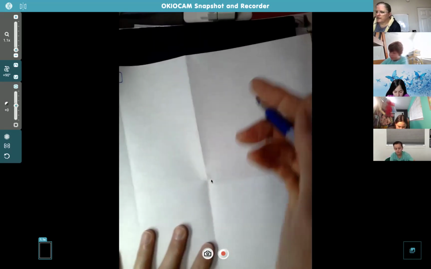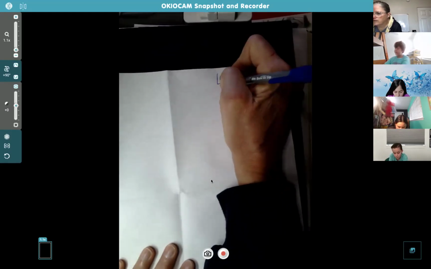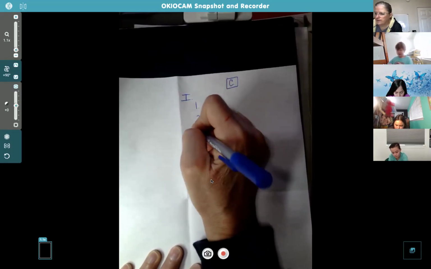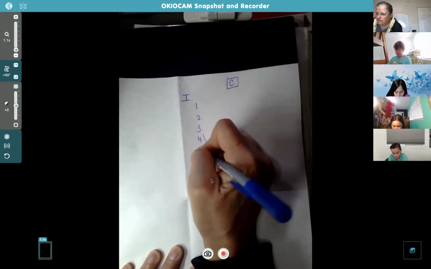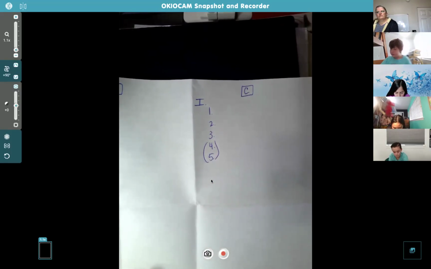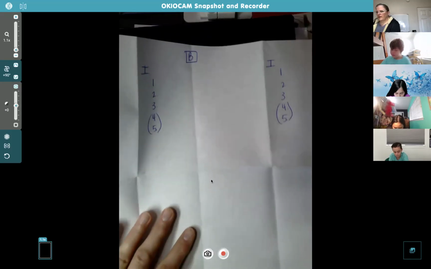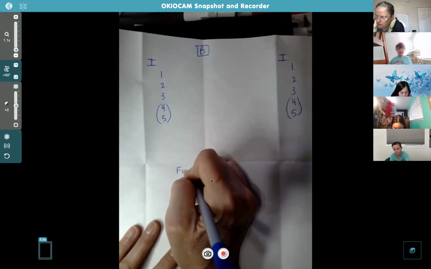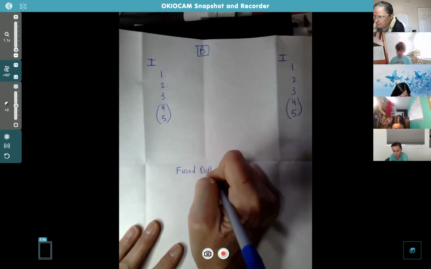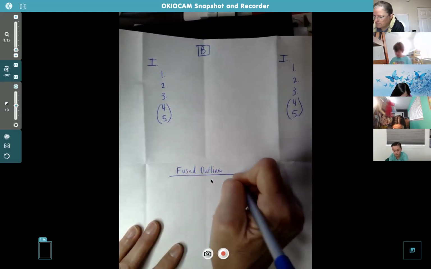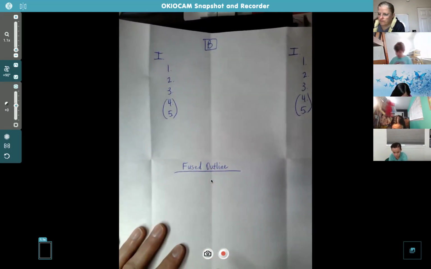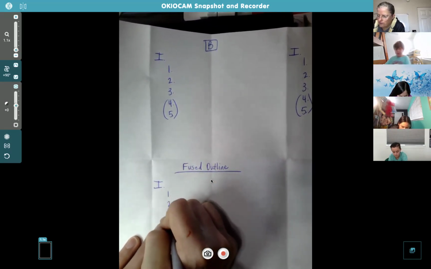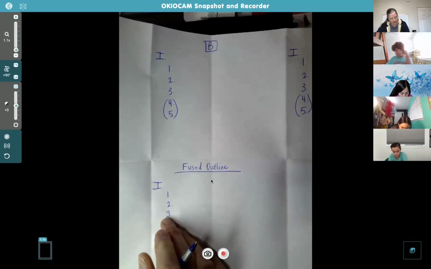And C. Roman numeral 1, 1 through 5. And then in the middle under B, fused outline. I'll slow down in a minute and let you guys catch up. You're going to do 1 through 6.